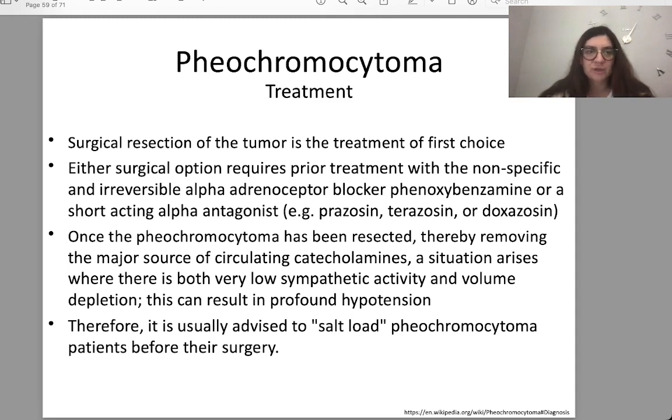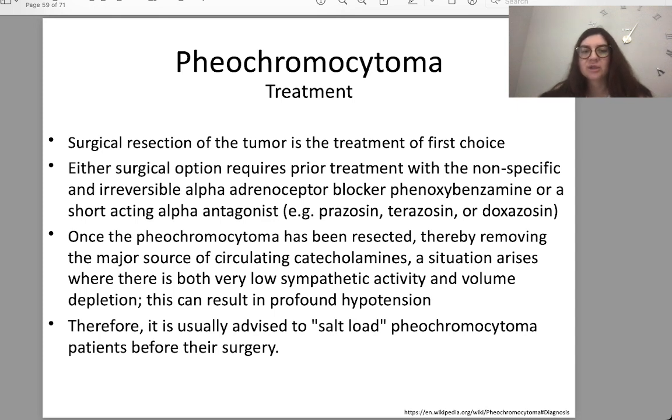Treatment of pheochromocytoma. Surgical resection of the tumor is the treatment of first choice. Either surgical option requires prior treatment with the non-specific and irreversible alpha adrenergic receptor blocker phenoxybenzamine, or short-acting alpha antagonists like prazosin, terazosin, or doxazosin.